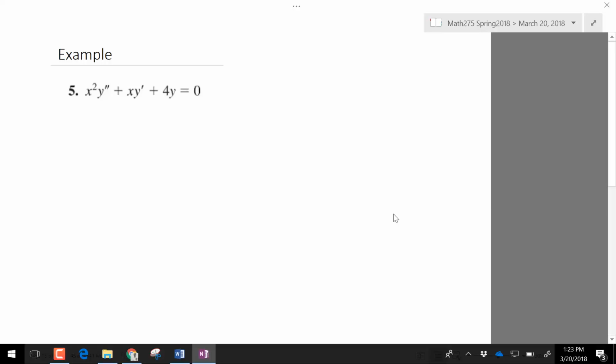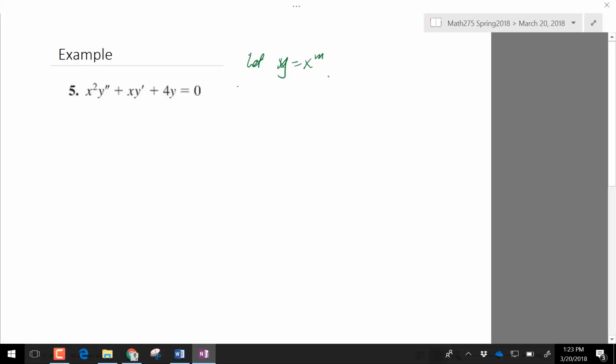All right, you can verify this is a Cauchy-Euler equation. You've got x squared times y double prime. The power of the polynomial matches the order of the derivative, and then x times y prime, and then 4 times y. So this is in fact Cauchy-Euler. And then we want to look for, so let y equal x to the m, y equal x to the m be the solution.